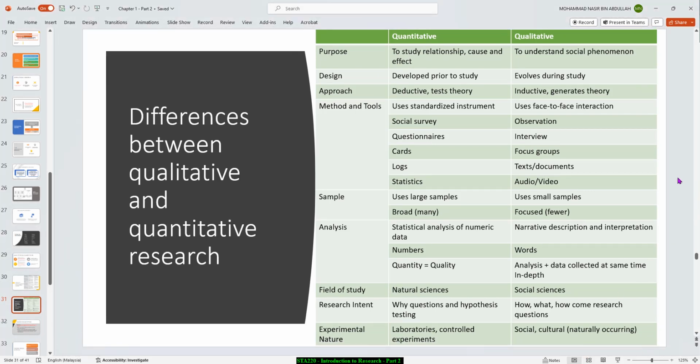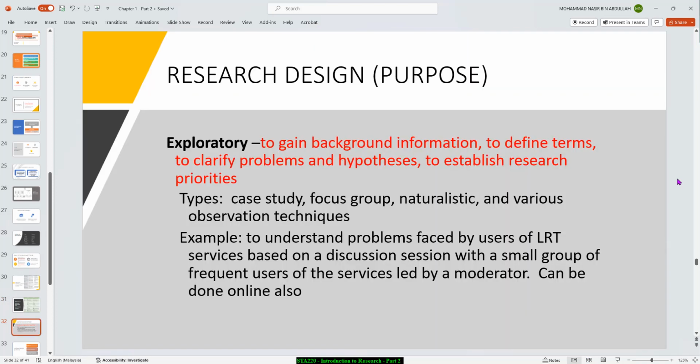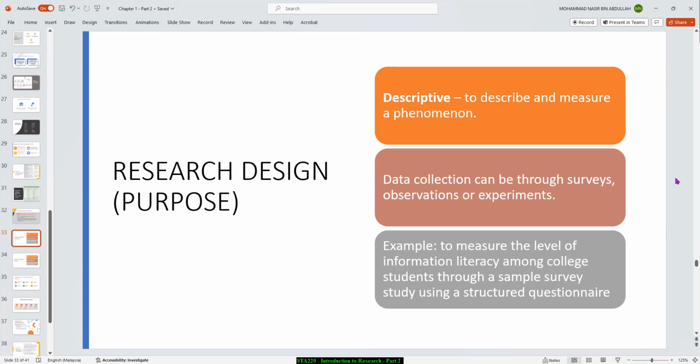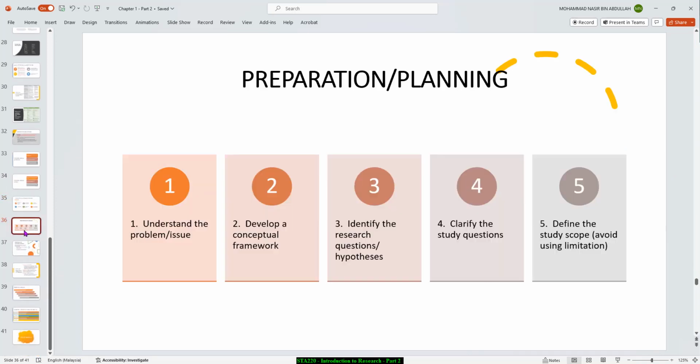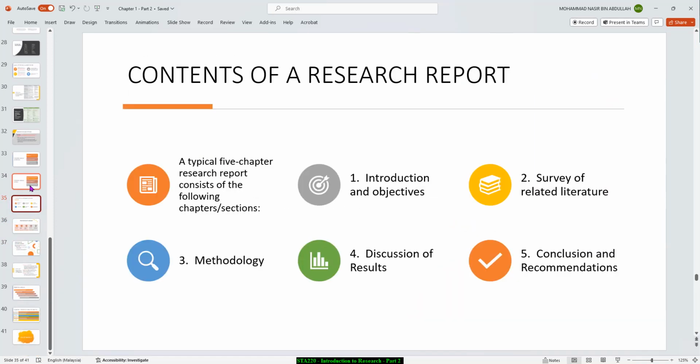Okay, screenshot this one. Dah? Sudah? Right. I think this one kita dah discuss tadi in detail. Okay. Ini kita akan discuss thoroughly next class.